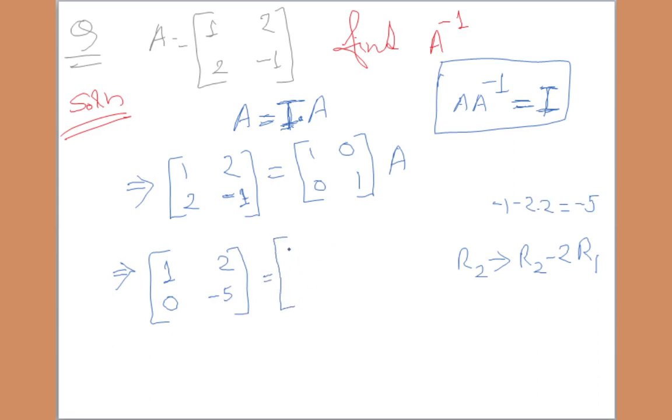Similar operation we have to apply on the right hand side. 0 minus 2R1, this becomes minus 2. Next, 1 minus 0, it's 1.